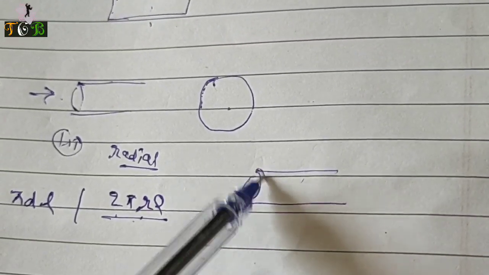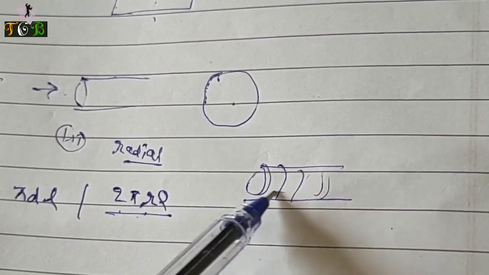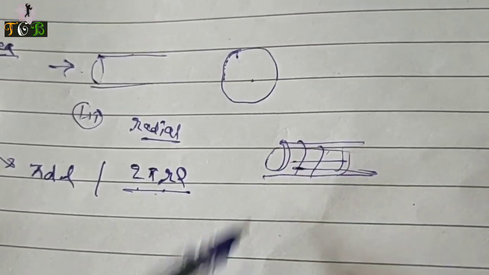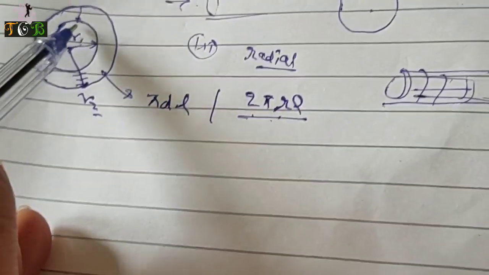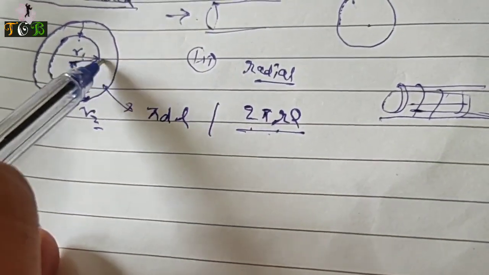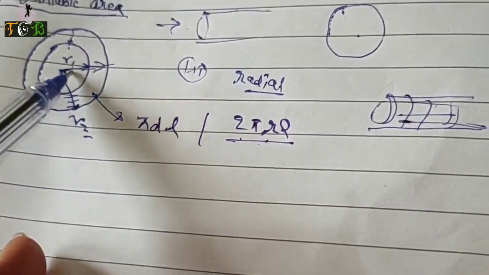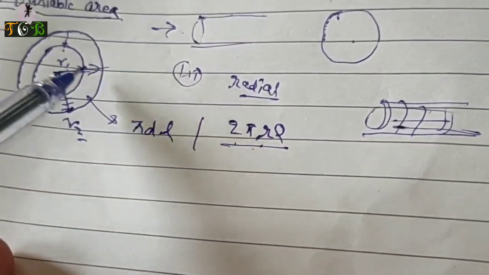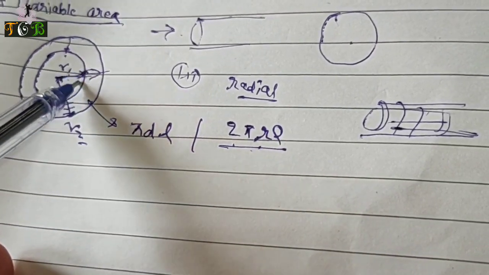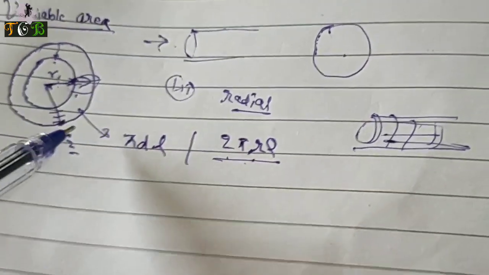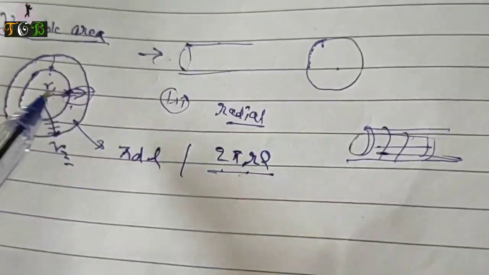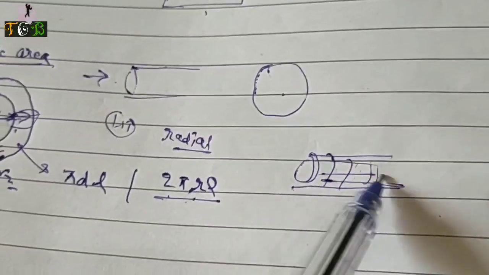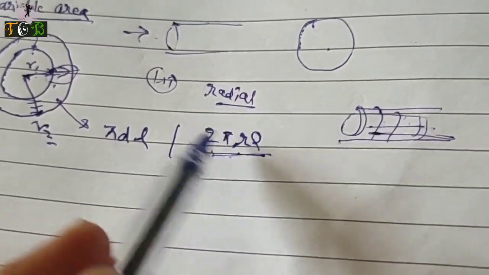I'm talking about this area, okay? This area is 2 pi rl, and the heat will transfer from here to here in this direction. So the area will be the area which is perpendicular to the motion of the heat. So we are taking this area, and the formula over here is 2 pi rl.